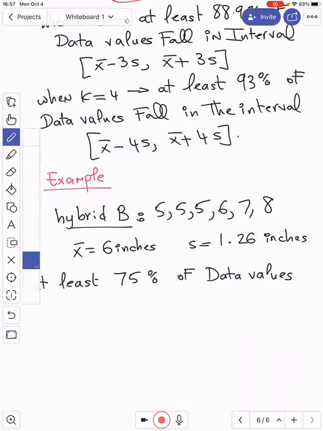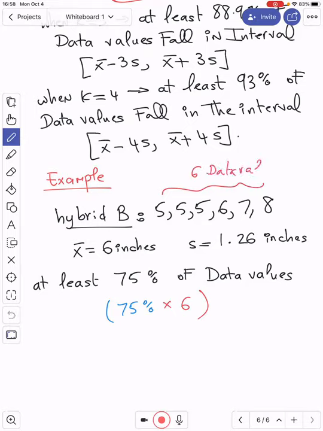So 75% of data values means 75% times 6, because we have 6 data values. 0.75 times 6 is equal to 4.5.